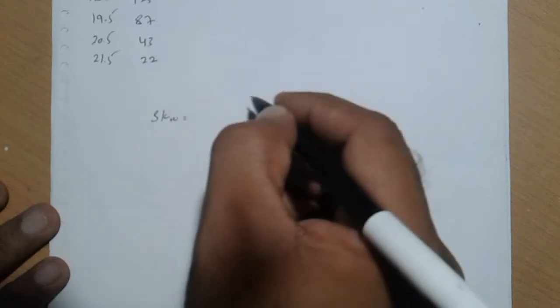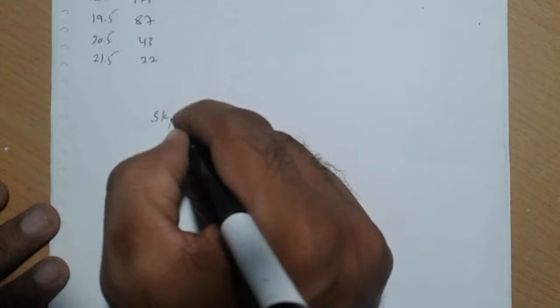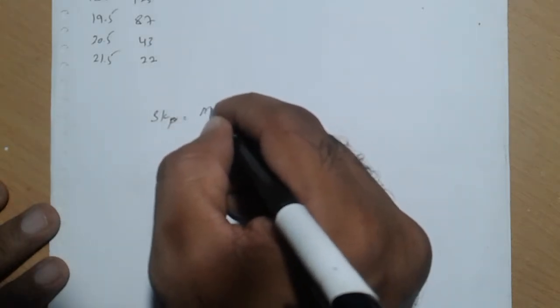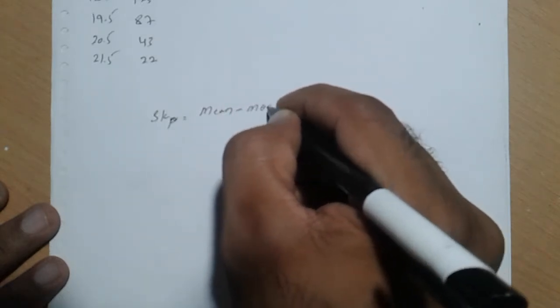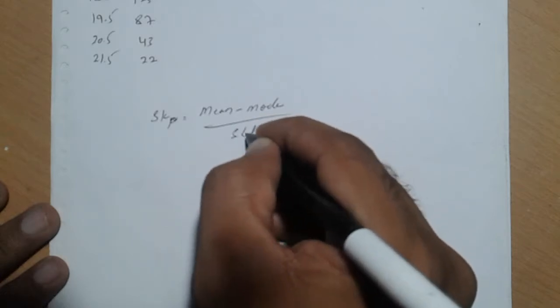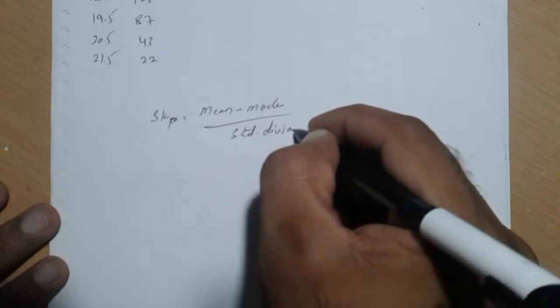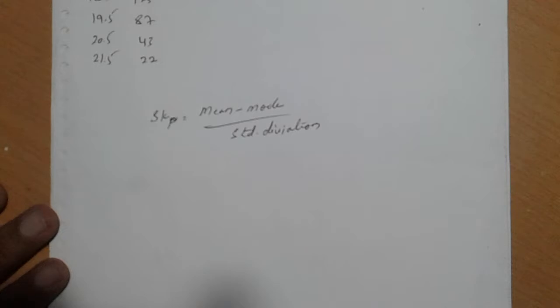First we have to write the skewness formula. Skewness of Karl Pearson, so we can write SKP. The formula is mean minus mode divided by standard deviation. So first we have to find mean, then mode, then standard deviation.